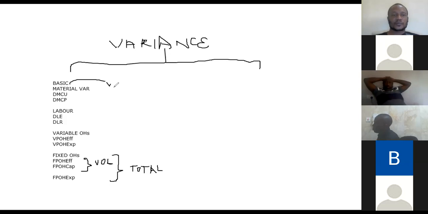For the sales now, like we said before, we have selling price and sales quantity, sales volume.